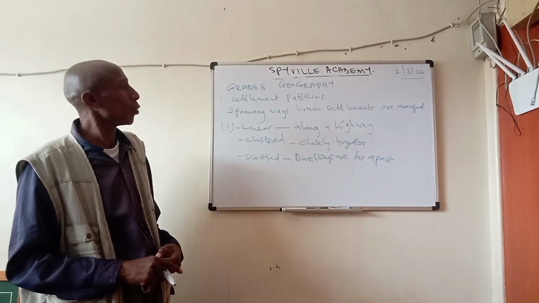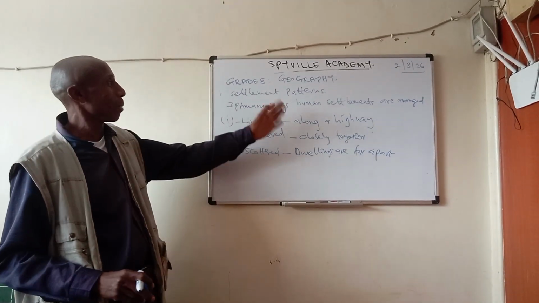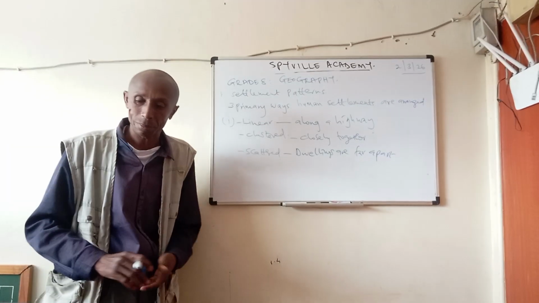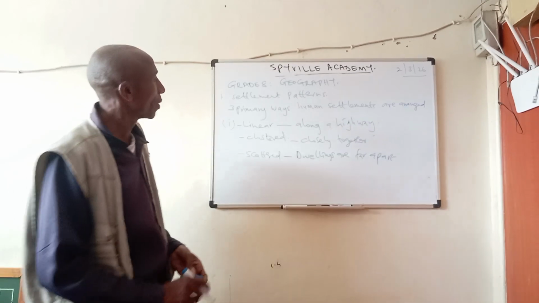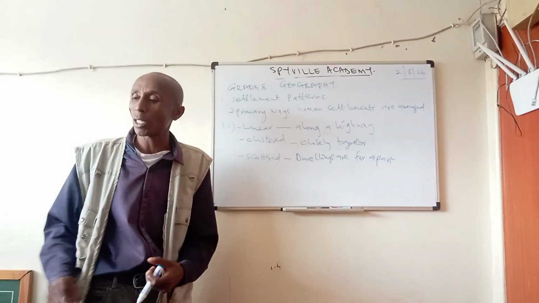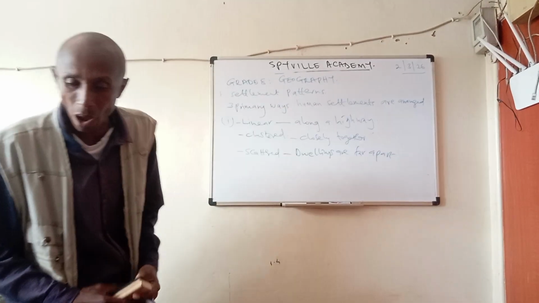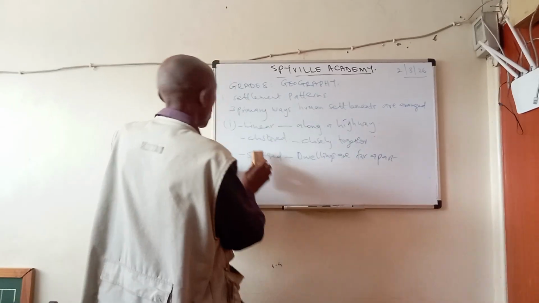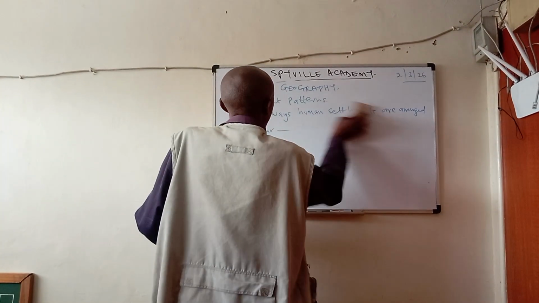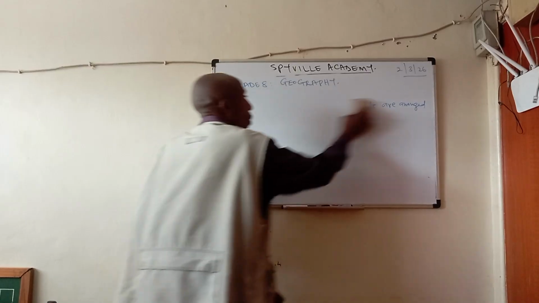What normally influences the nature or the type of settlement pattern? The settlement pattern is influenced by two things. One, we have the physical factors.